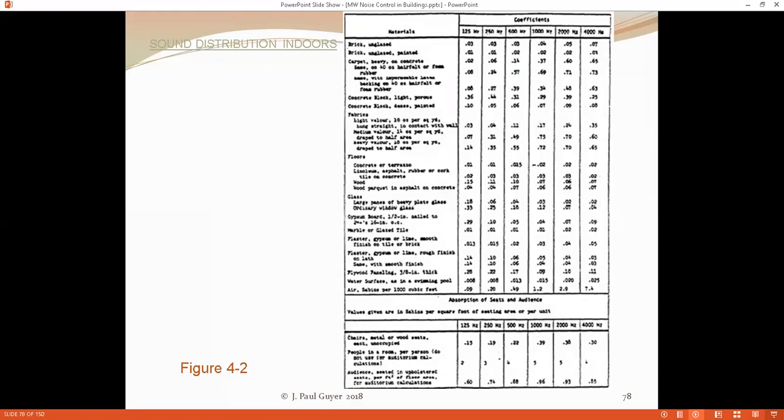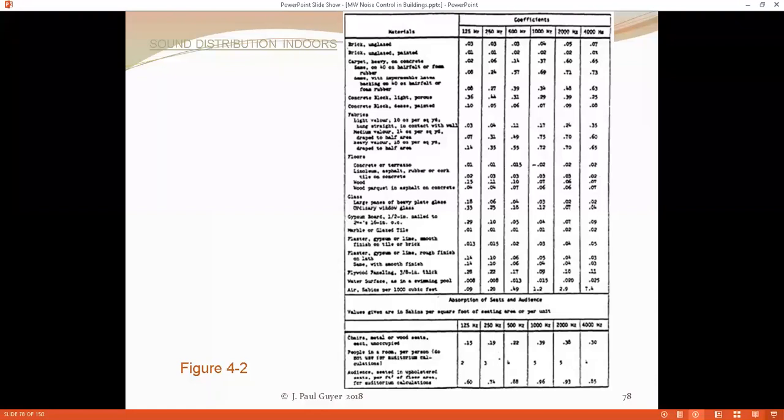So you want to design a barrier, a wall that will reduce the sound from 90 on the source room side to 40 on the receiving room side. Now, here we need to introduce an important consideration, and this is the building materials that you use to construct your barriers.